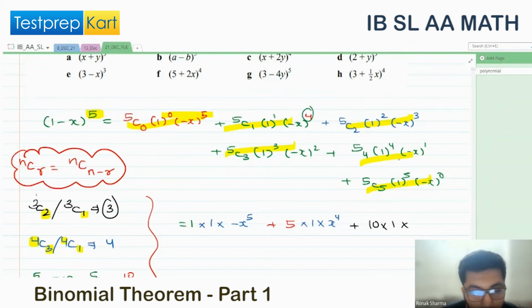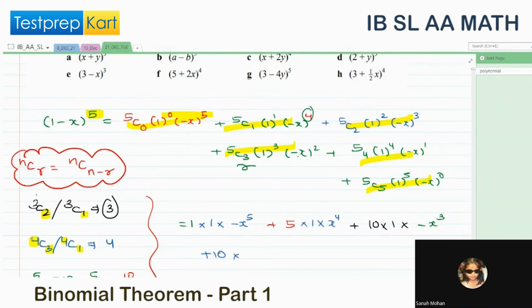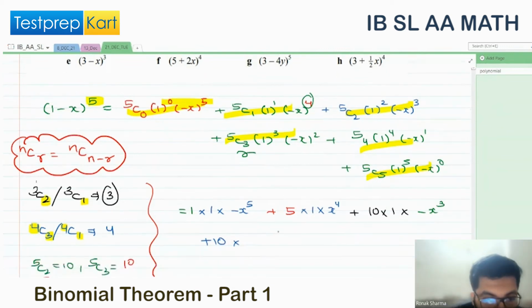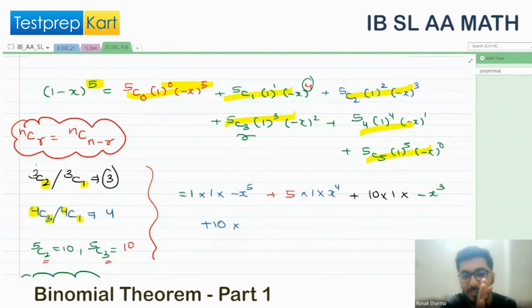Then 5C3. Will the 5C3 value be the same as 5C2? So can I write it as 10 again? This has made our work easy because now we have to calculate half the constants only, because we know the values of the next three constants, right? Because of that property. Yes or no?